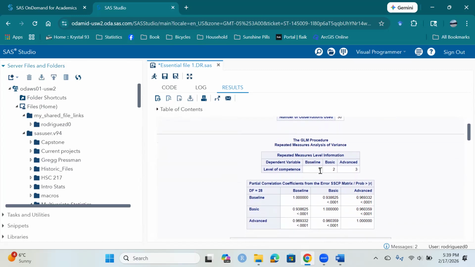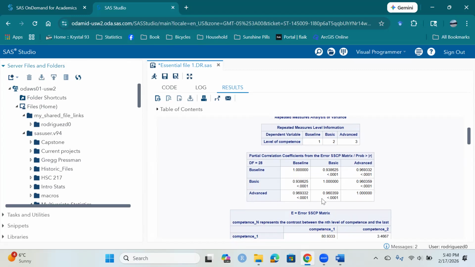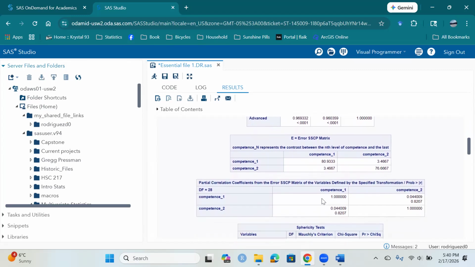So here's our general linear model procedure, with some basic information: baseline is 1, basic is 2, advanced is 3. We look at the correlations among the different levels. You'll notice that they're pretty high. Of course they will, because baseline is related to the basic and advanced. So this should all be really high.